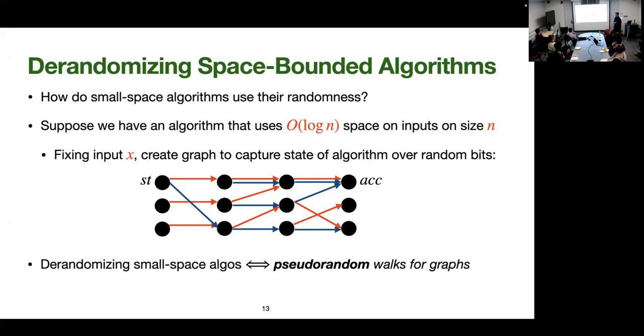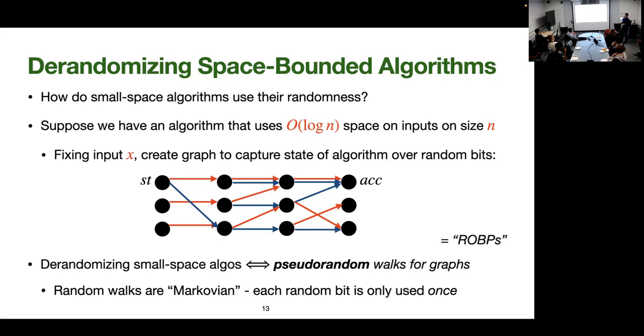Just to emphasize, we want to produce these pseudo-random walks very space efficiently. You could do something like breadth first search, but it would take too much space. Also, people in the literature call these graphs read-once branching programs, or ROBPs. I might verbally slip and use this, so just making sure that people know those are the same thing.